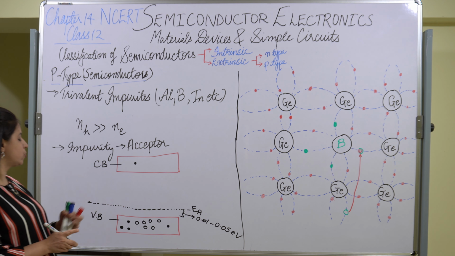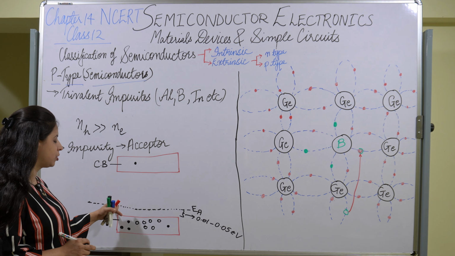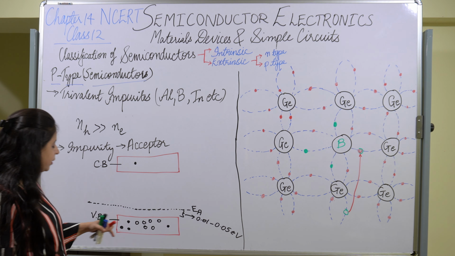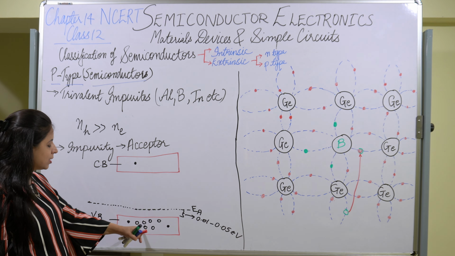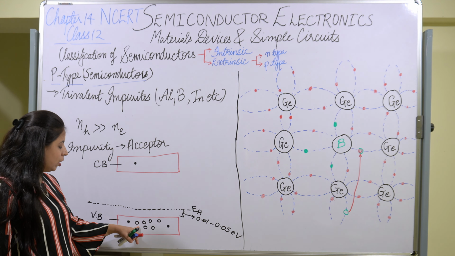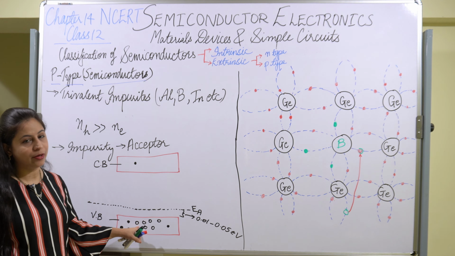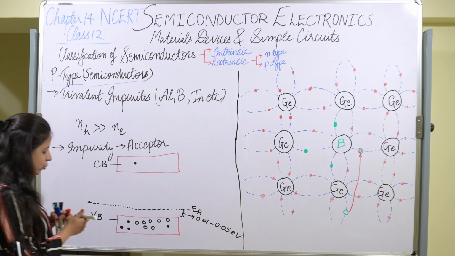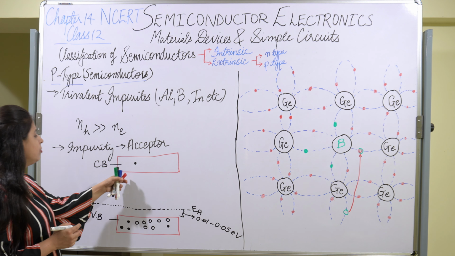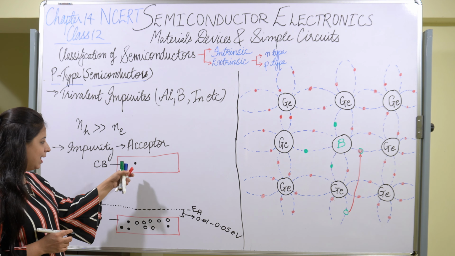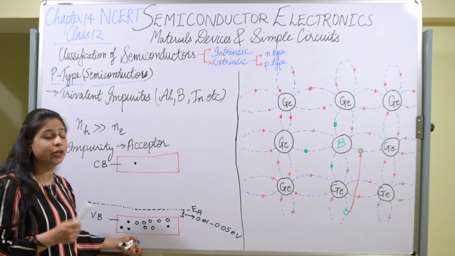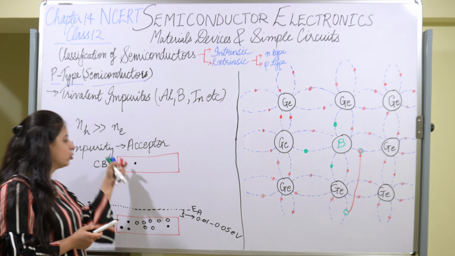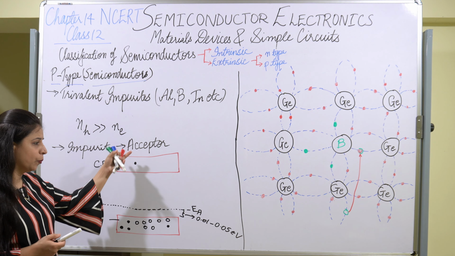The electrons from the valence band can jump to the acceptor energy level, thereby creating holes in the valence band. So the majority will be holes rather than electrons. In the conduction band, the electrons are very few, because only electrons freed by the breaking of bonds can jump to the conduction band, and that is also very low.